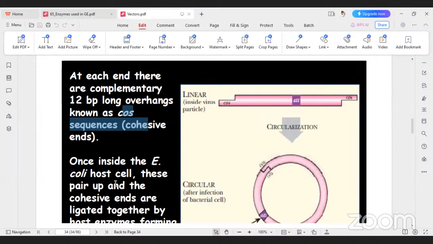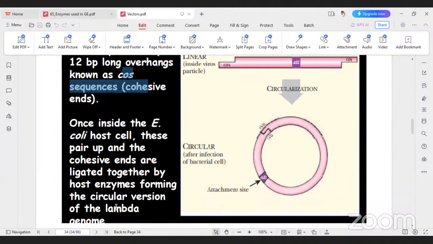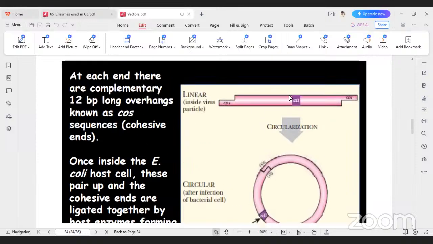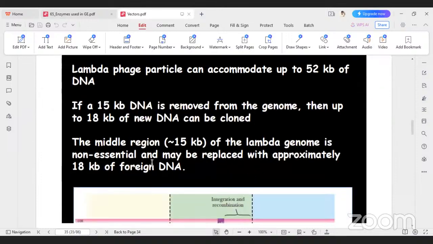Inside the E. coli cell, these pair up and the cohesive ends are ligated together by host enzyme, forming the circular version of the lambda DNA.